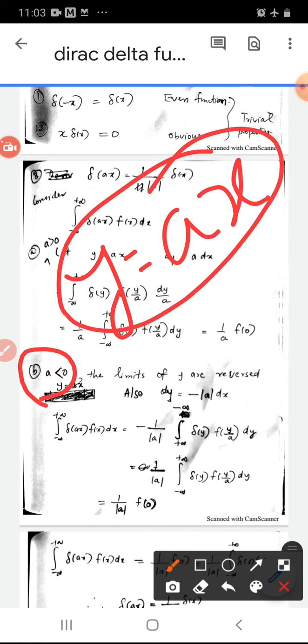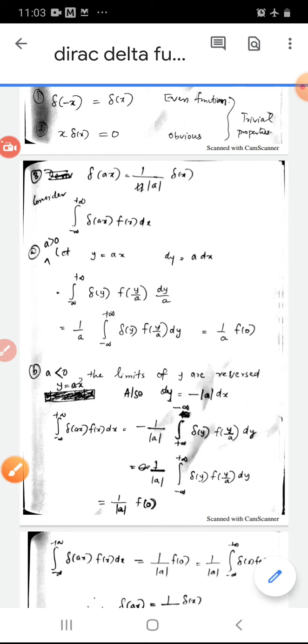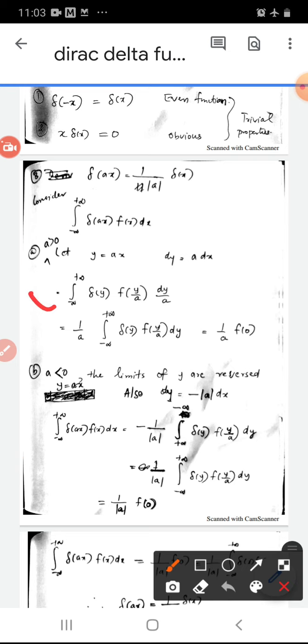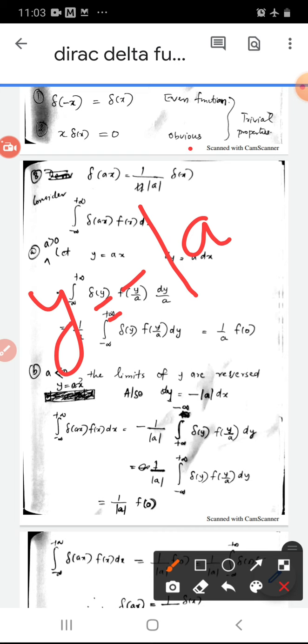So what we do is, we write y as equal to minus of modulus of a into x.